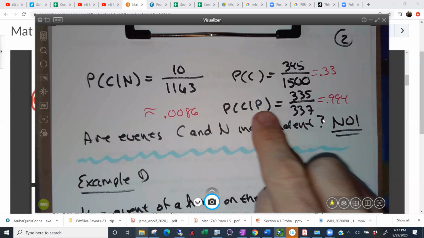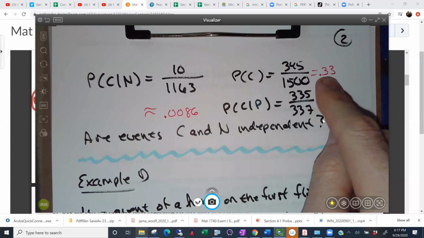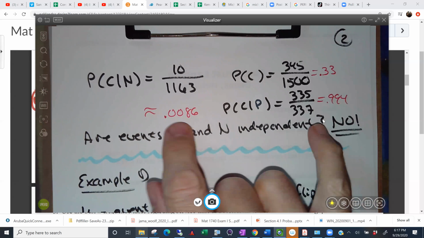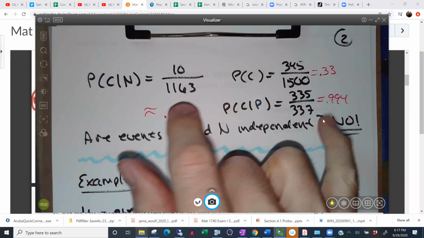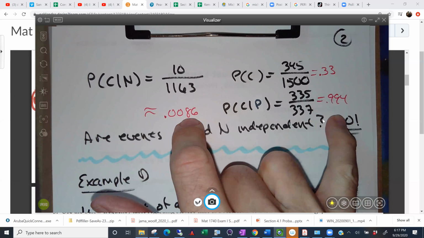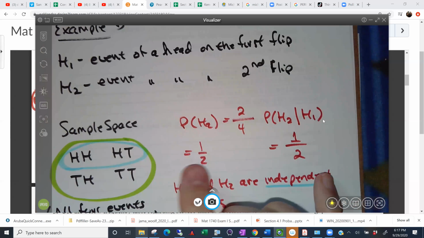But when knowledge of the second event changes the probability, so the probability of hepatitis C was 0.33, but if I know somebody tests positive or negative, that changes the probability of having hepatitis C. That means they're dependent. If those probabilities don't change, they're independent. So I'm hoping that that's helping drive home the point of dependence versus independence a little bit.